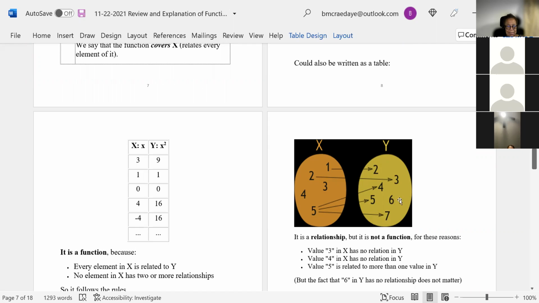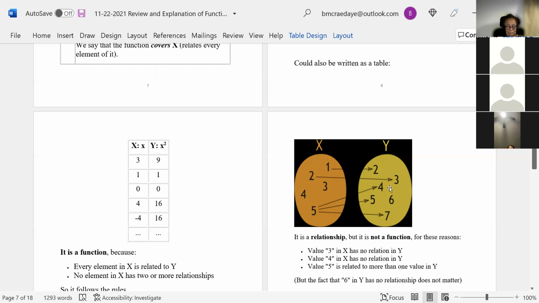Now, the fact that 6 is not mapped to anything is not a problem because it's not the Y's we're looking at. We're looking at the X's. So it doesn't matter about this Y not being mapped to an X, but it does matter that the X values be mapped to a Y. Is that clear, Audrey? Okay, so in the mapping, you can see what's not mapped to anything, 3 and 4.